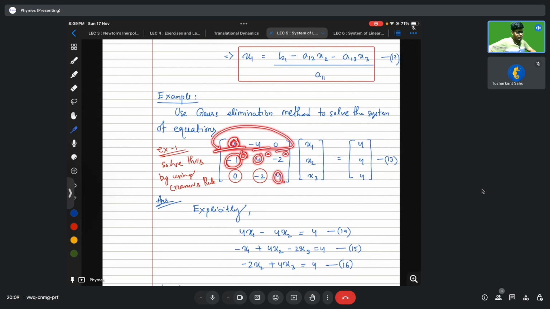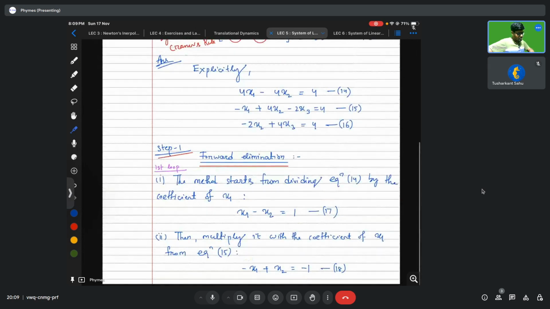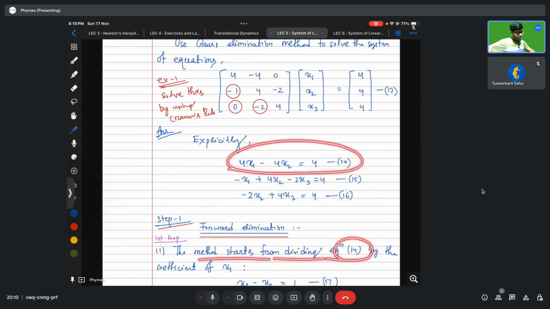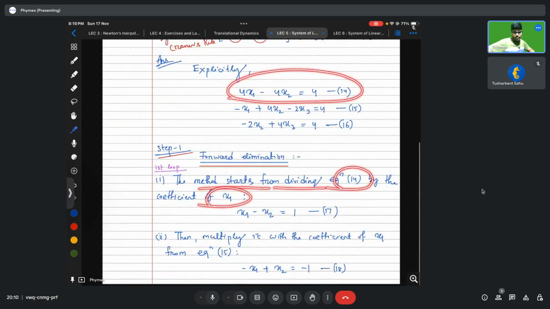And also this method is only suitable when the elements below the diagonal are not 0, right? And if these elements are 0, then you cannot divide them, right? So here, as you can see, in the first step the method starts from dividing this equation by the coefficient of x1.